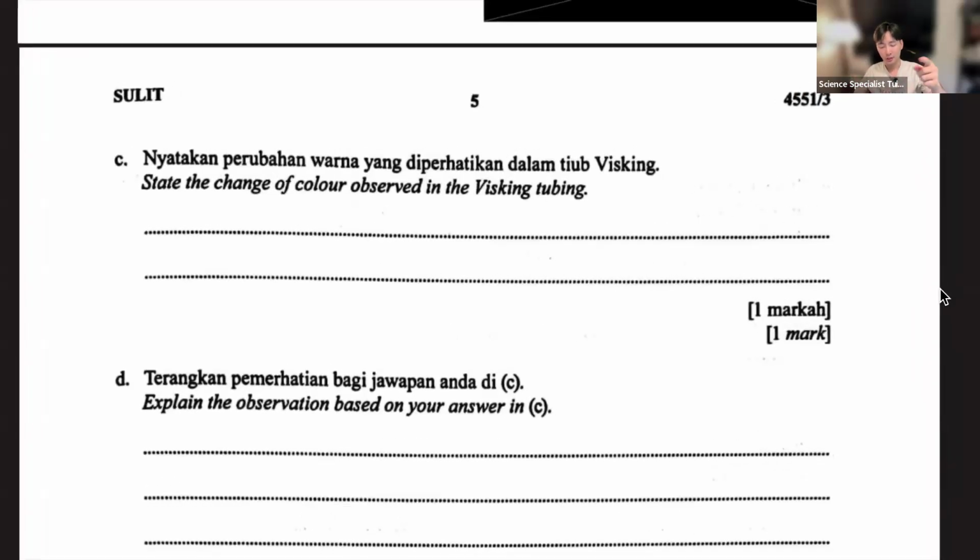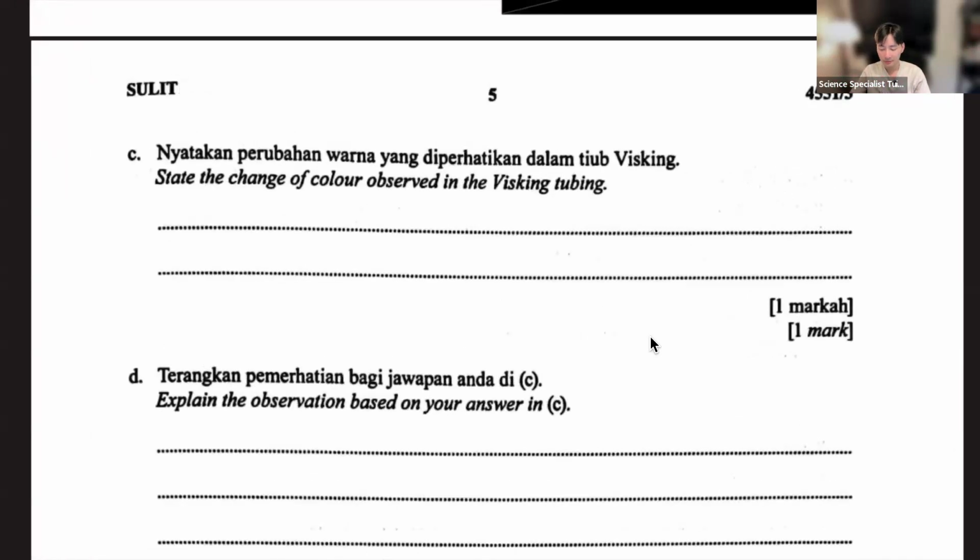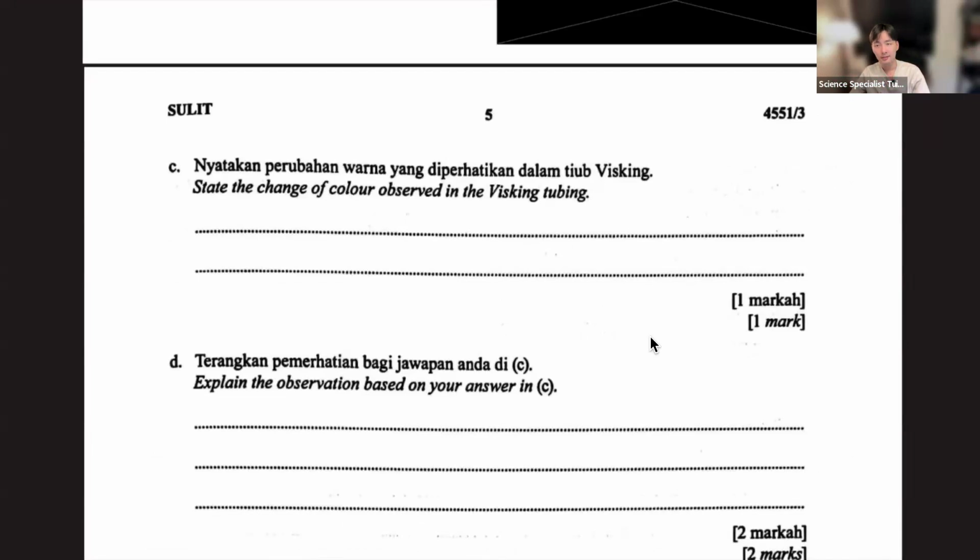Okay. Let's see. What is the color observed? What do you think? Now you never do the experiment, but you can imagine. What is observed in the whisking tubing? What do you think? Imagine. Okay, imagination is important.